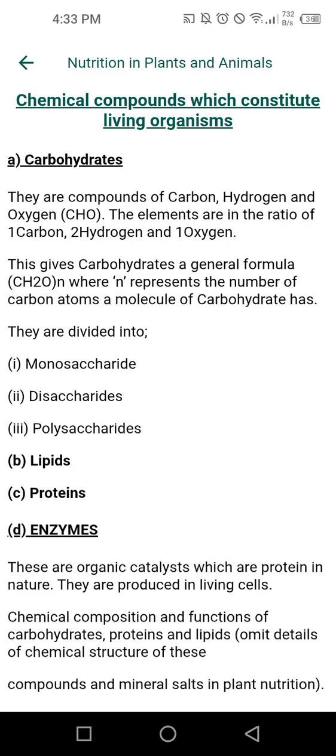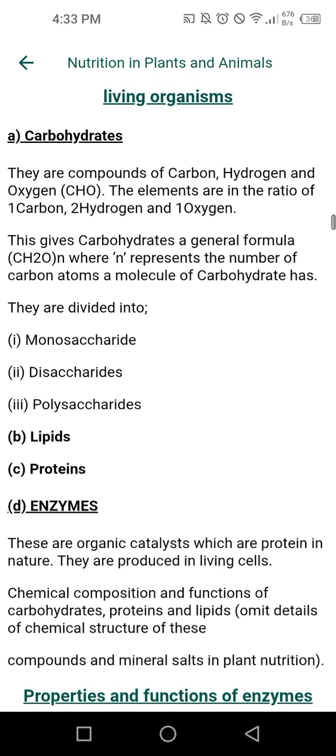This gives carbohydrates a general formula, (CH2O)n, where n represents the number of carbon atoms a molecule of carbohydrate has. They are divided into: i. monosaccharides, ii. disaccharides, iii. polysaccharides. B. Lipids. C. Proteins. D. Enzymes.